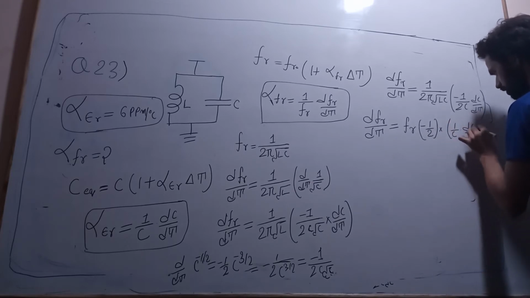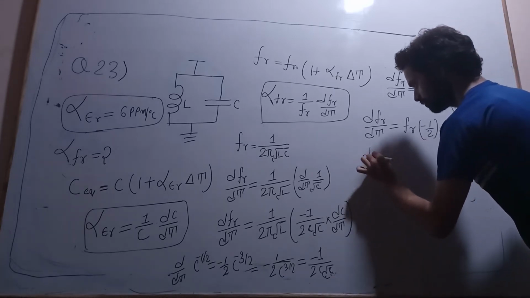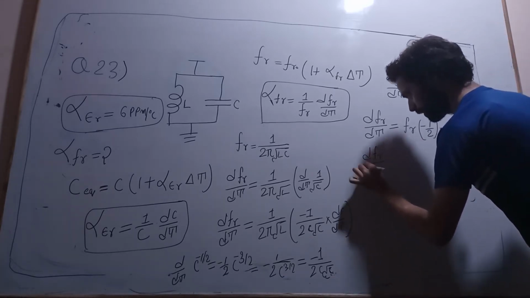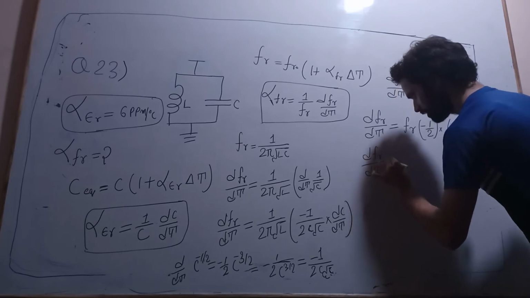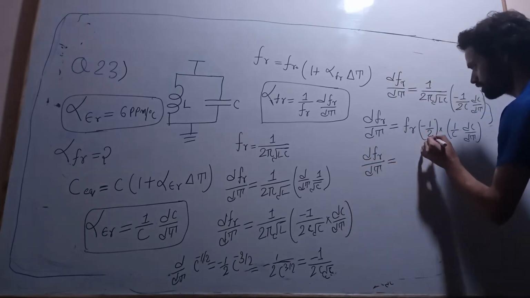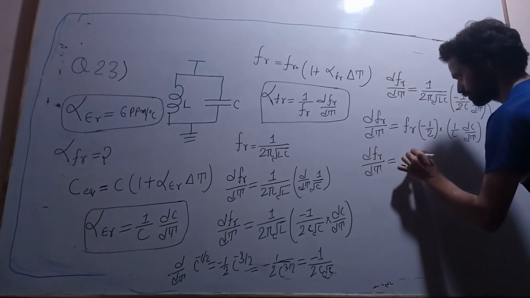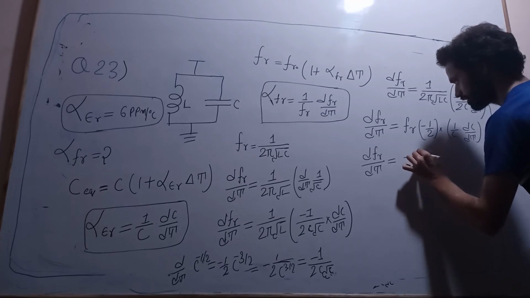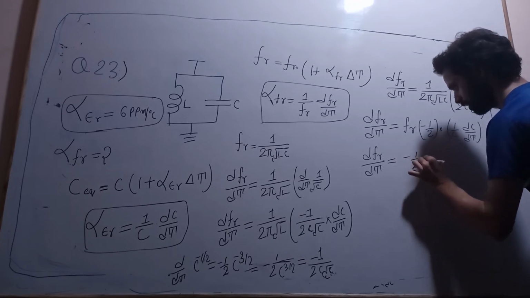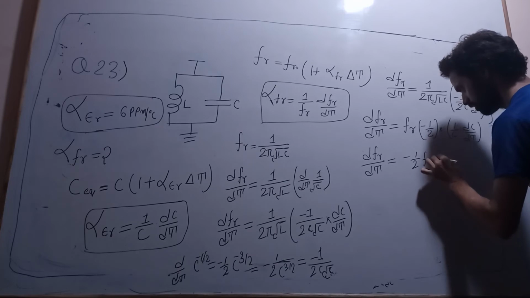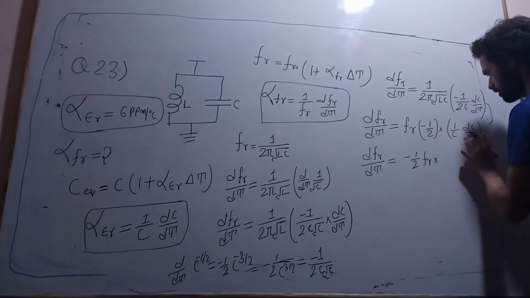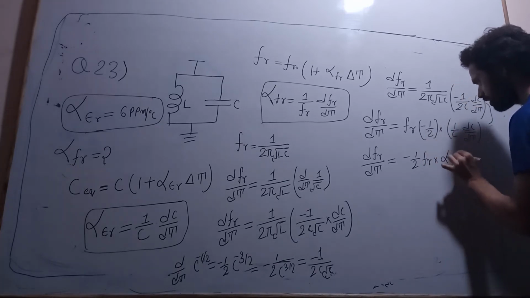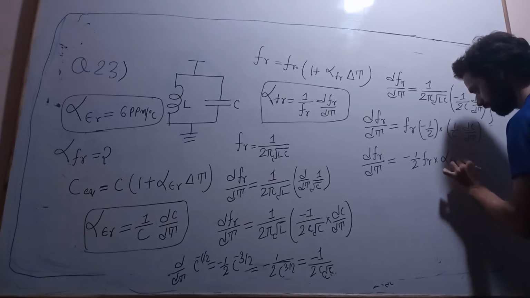So dfr by dT is equal to minus 1 by 2 fr into alpha epsilon r.